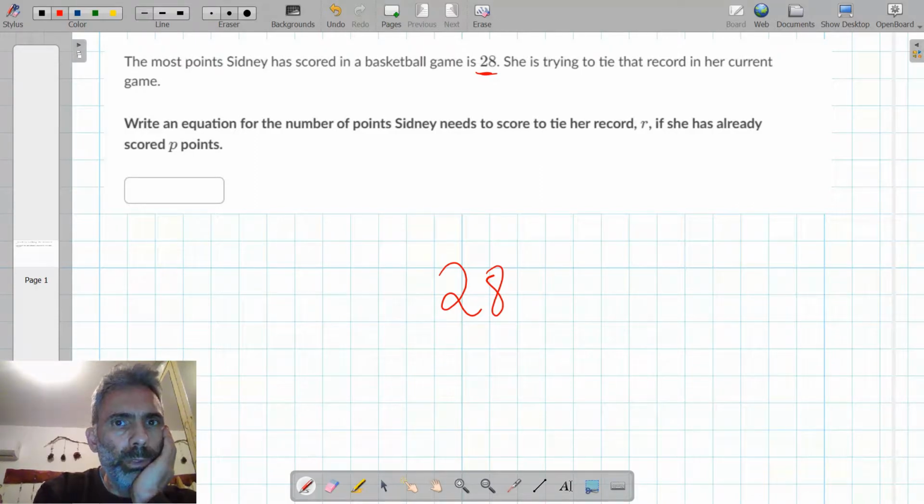So 28 is the number of points she wants to get to. She already scored P points.